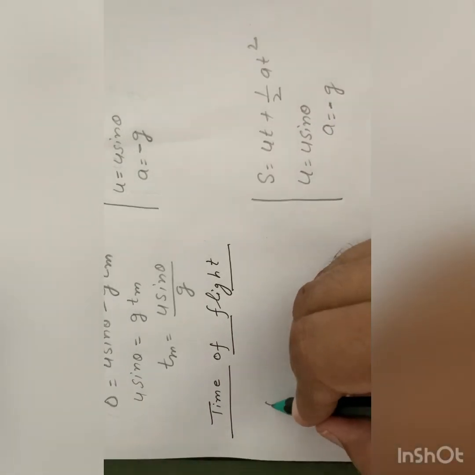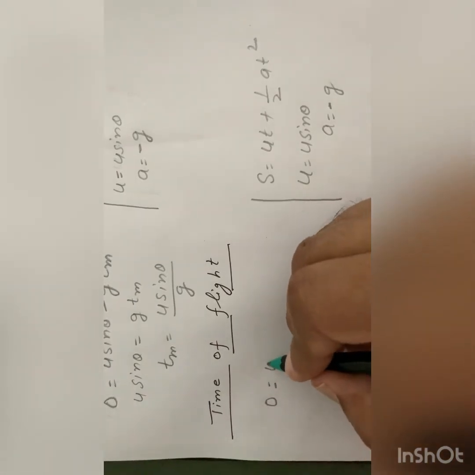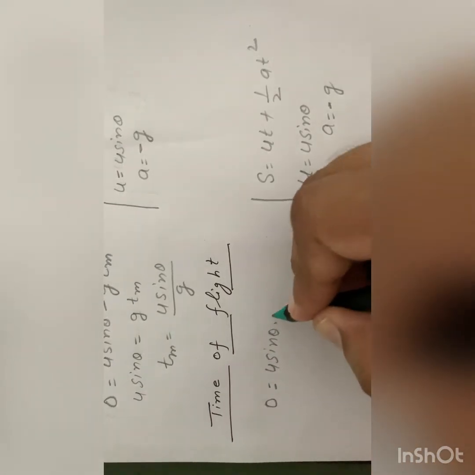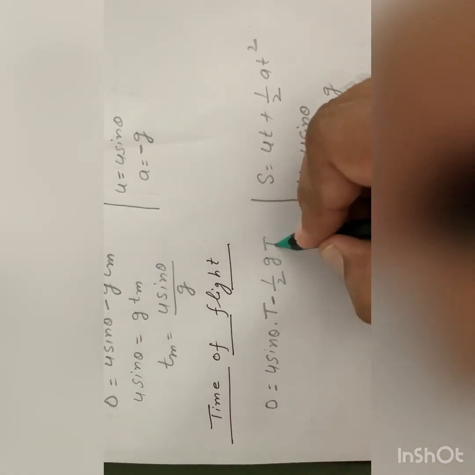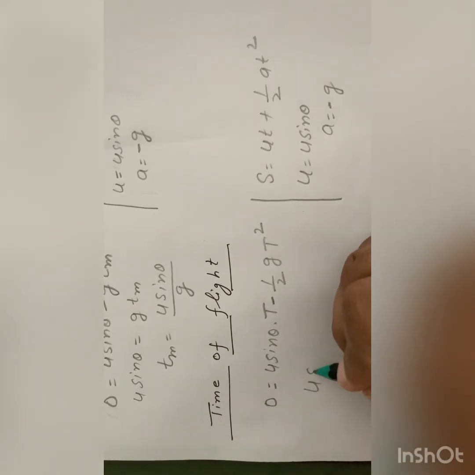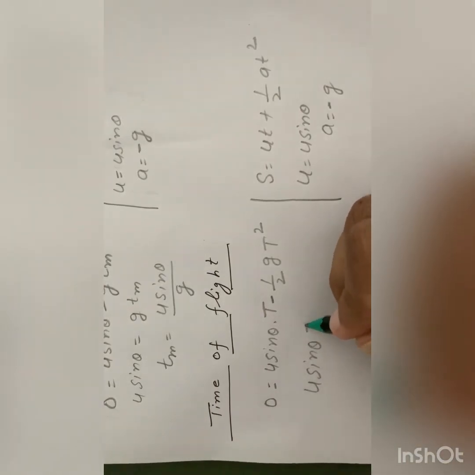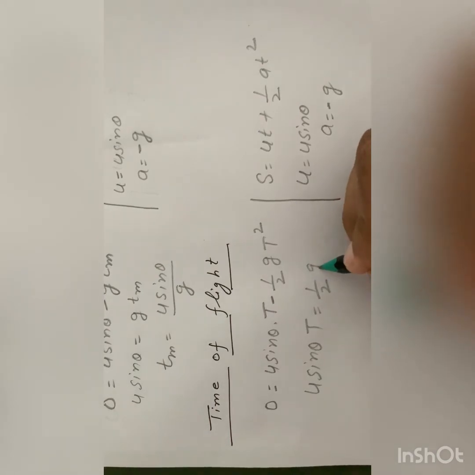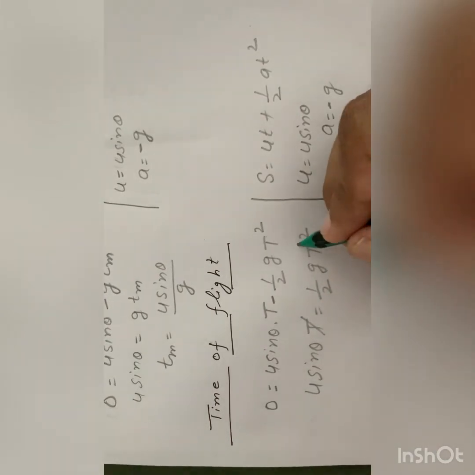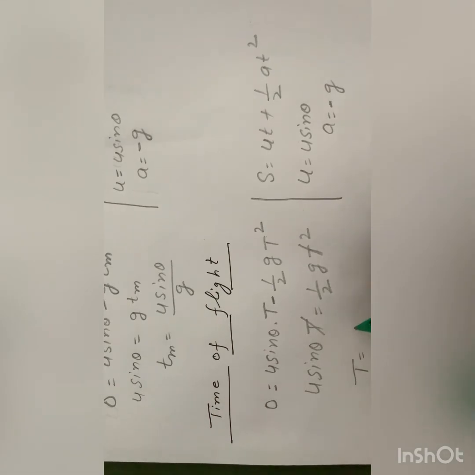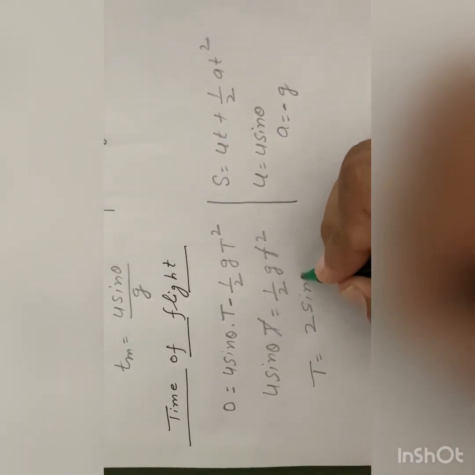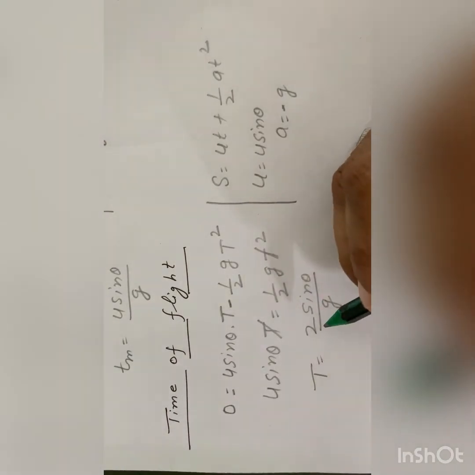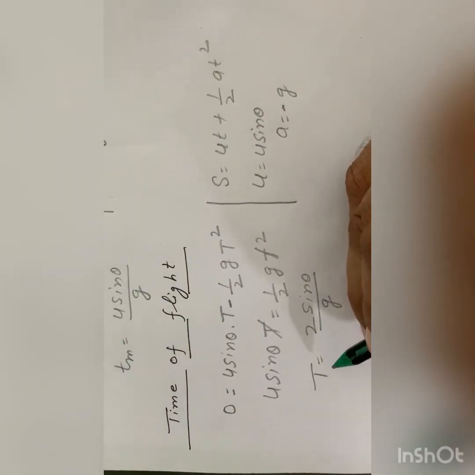So we have 0 equal to u sin θ t minus 1/2 g t square, or u sin θ t equals 1/2 g t square. t cancels, so we get t equal to 2u sin θ over g. So this is the time of flight.